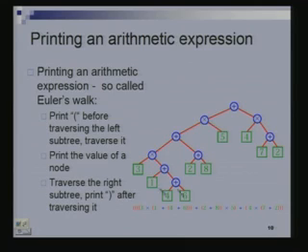So suppose this is the tree corresponding to a certain arithmetic expression. I want to print this arithmetic expression out with parentheses. Right? I want to draw the parentheses, so I want to print it out in this manner. Okay. So I can do an Euler walk to print this. So suppose I am here, before I start on the left subtree, I will print a left bracket.